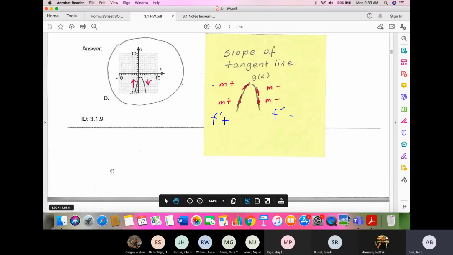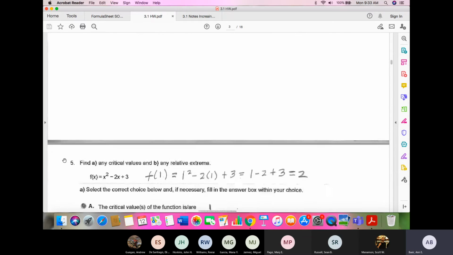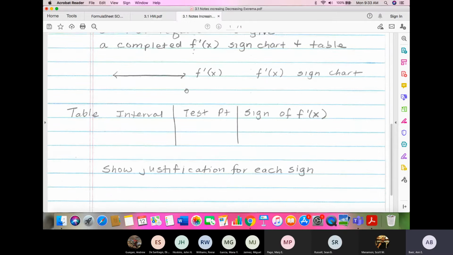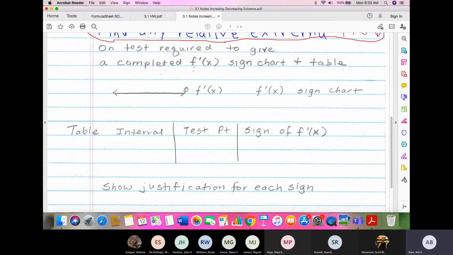So let's take a look at number 5. This is an important problem, and you probably want to copy down what I'm expecting to see when you do one of these problems. On a test, you're required to give a completed first derivative sign chart and table.